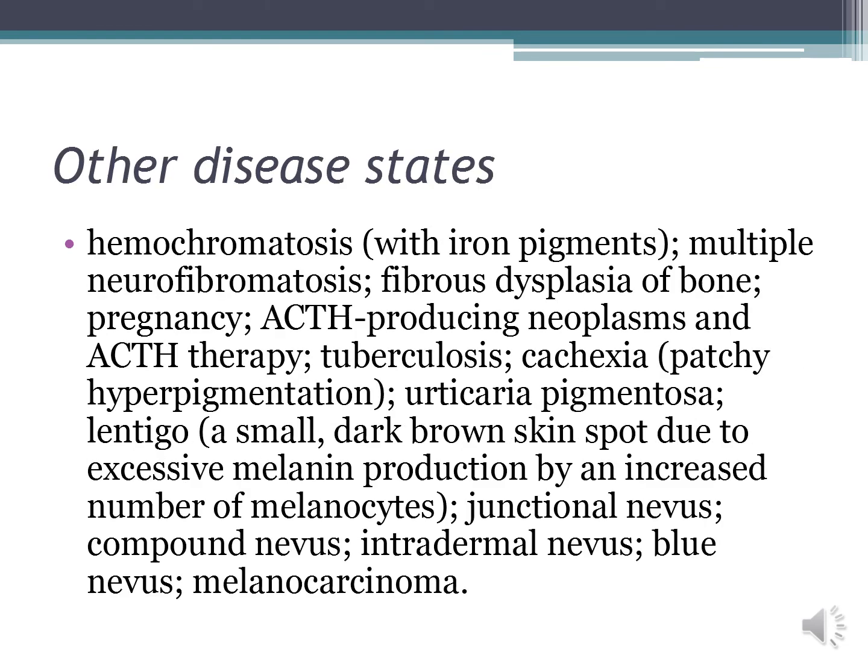Other disease states: hemochromatosis with iron pigments, multiple neurofibromatosis, fibromatosis, fibrous dysplasia of bone, pregnancy, ACTH-producing neoplasms, and ACTH therapy, tuberculosis, cachexia, and in that case we see patchy hyperpigmentation.